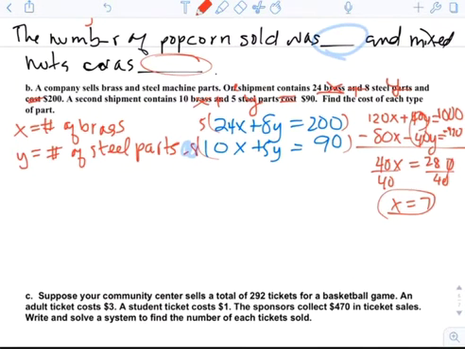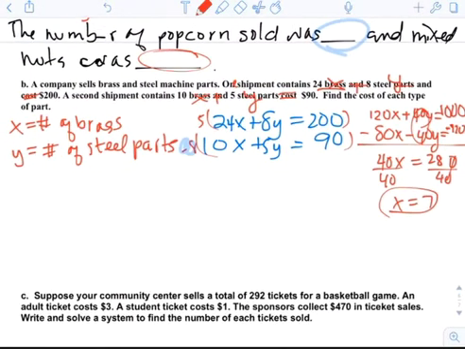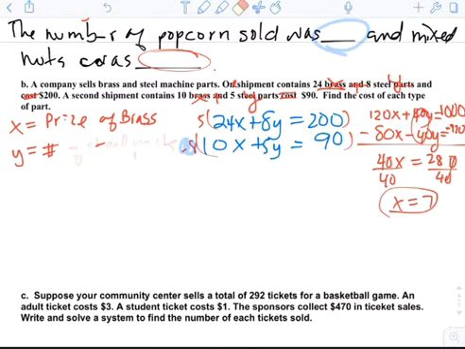Oh no, it's not the number of brass. I'm sorry, X is the price of brass, and Y is the price of the steel parts.